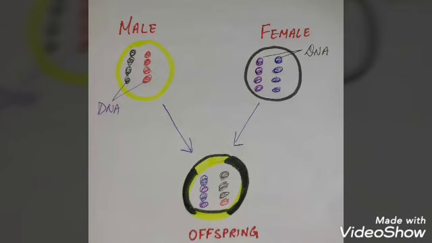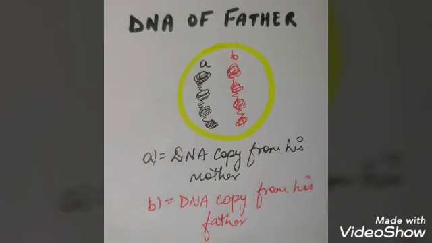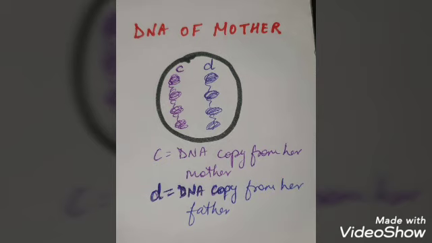Let's see the DNA of the father first. If you think about the DNA of the cell of the father, the cell must have received one copy of DNA from his mother, let's say A, and one copy of DNA from his father, let's say B. We can say the same thing about the DNA of the cell of the mother.